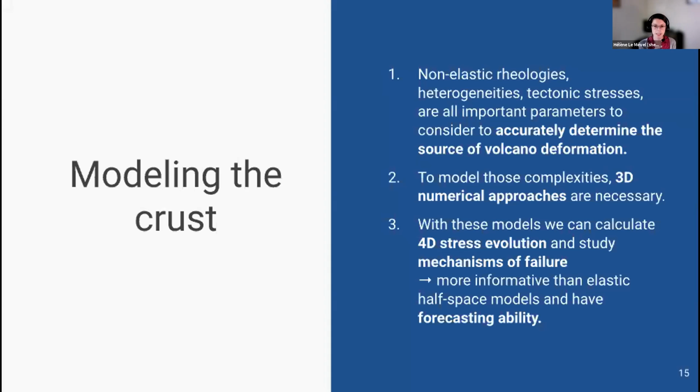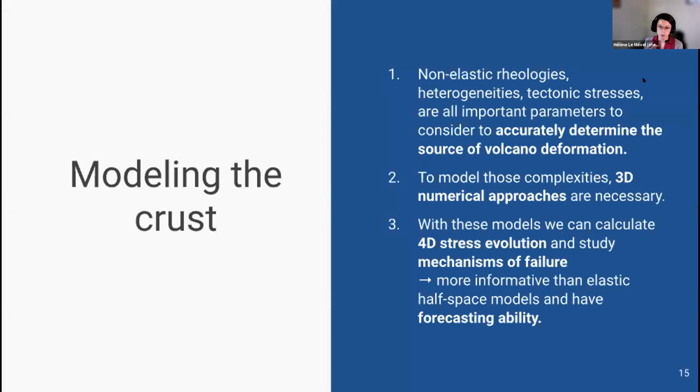To summarize this part on modeling the crust, we can say that all of these parameters, so the non-elastic rheologies, heterogeneities in the crust, and tectonic stresses, are all very important to model in order to accurately determine the source of volcano deformation. And to model those complexities, 3D numerical approaches are often necessary.